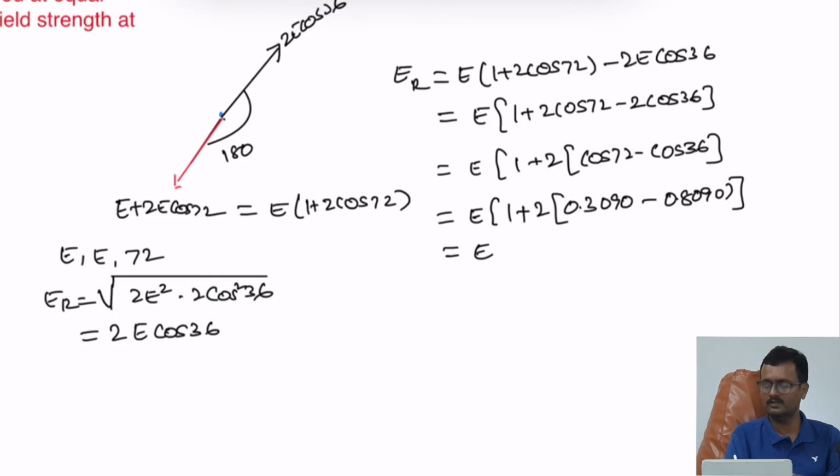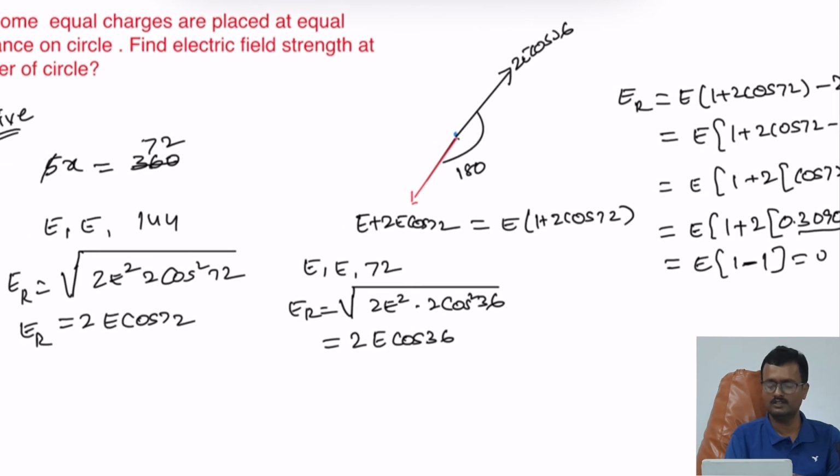That is equal to E into 1 plus 2 into 0.3090 minus 0.8090, that is minus 0.5. So plus into minus, minus 2 into 0.5, that is 1. 1 minus 1 is 0. So we get the resultant vector of these 5 vectors as 0.